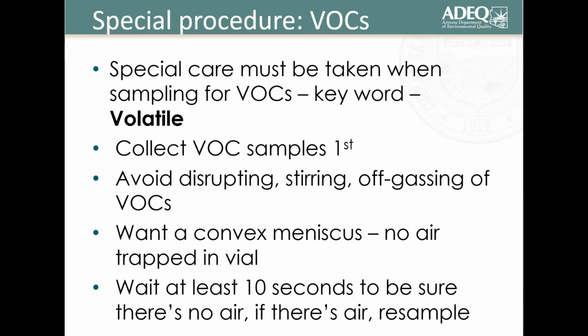You don't want to collect all your samples, get down to the lab, and have them say these aren't going to work, or get a flag. They'll flag those samples saying they weren't received properly: there's air in your VOC vial, or there's not enough sample in your coliform, and so forth.